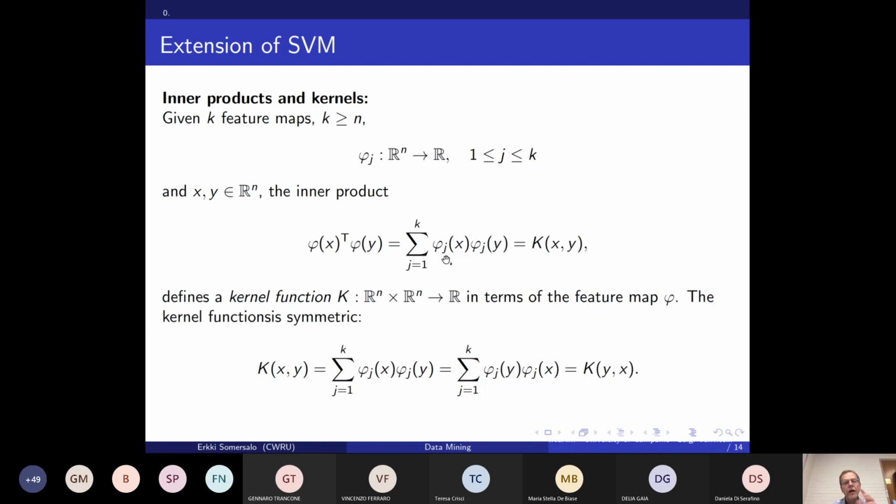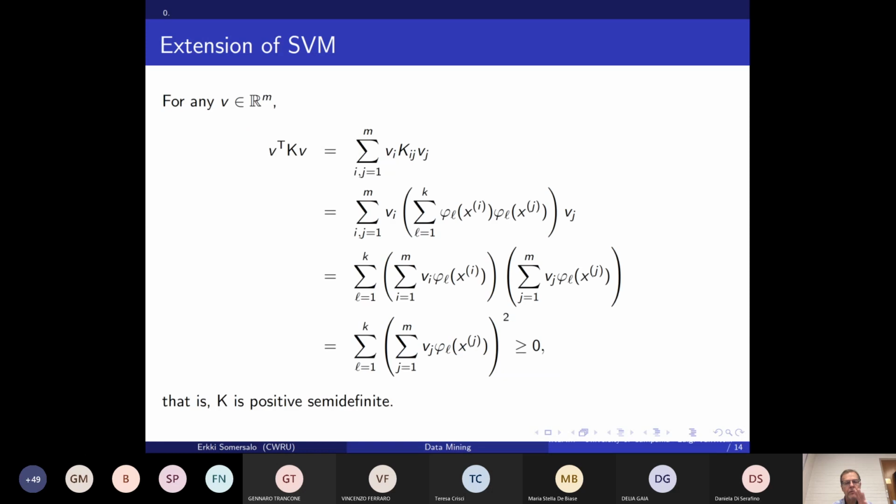But actually, what I would like to do is the opposite. I would define a kernel and then let the kernel define the feature vectors. That's a much more flexible way of approaching problems, because you can simply define a kernel and let the kernel decide what the feature vectors are, rather than giving a long list of feature vectors and then putting together a kernel.